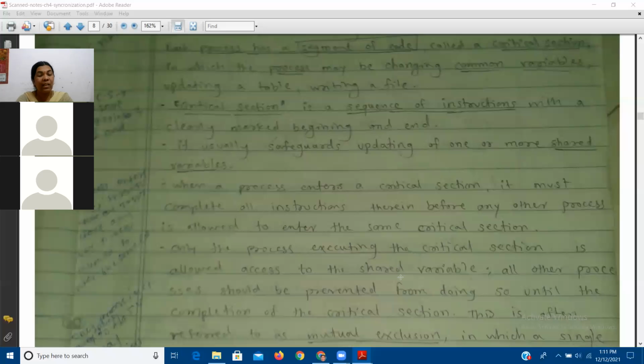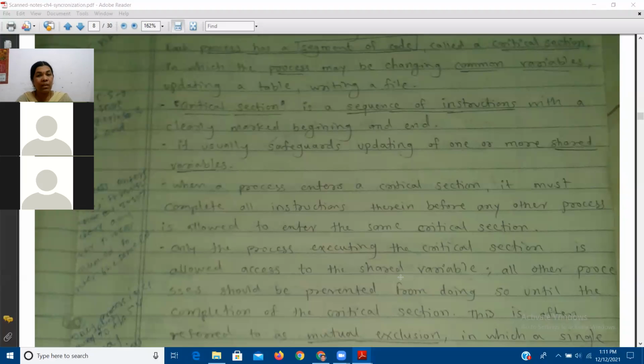So I may say that the resource is busy with customer 1. Customer 1 is in its critical section because it is utilizing that resource. Whenever customer 1 is inside the critical section, customer 2 may not be able to enter its critical section because the resource is busy.